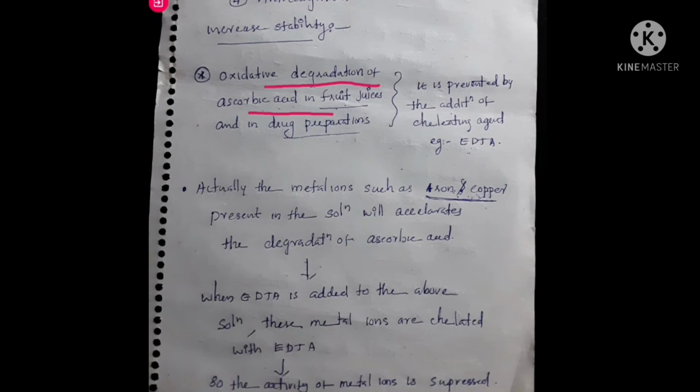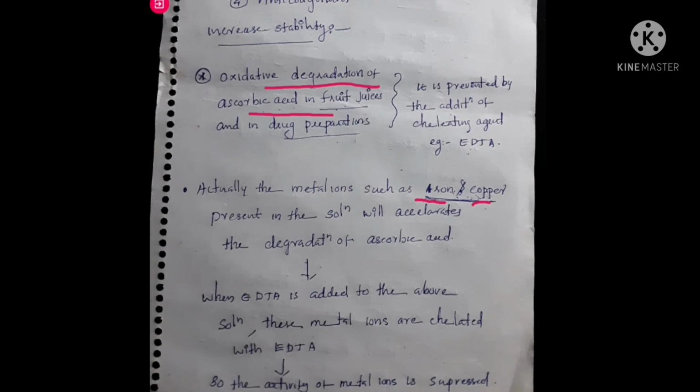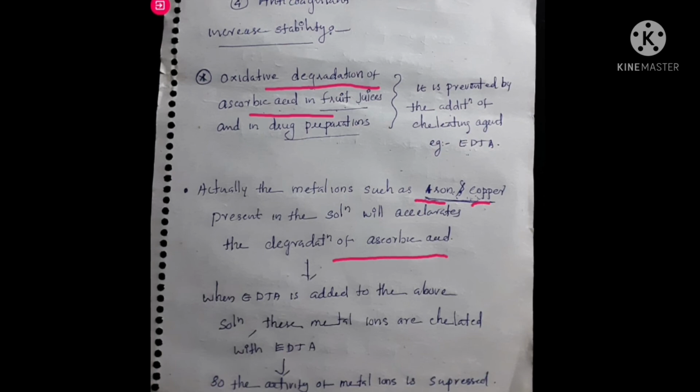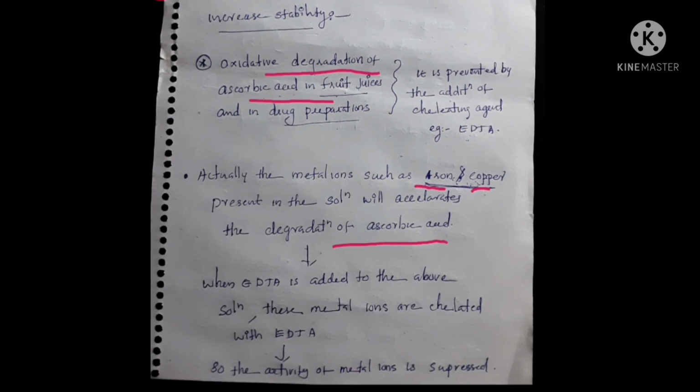Fruit juices and drug preparations may contain metal ions like iron, copper, etc. These metal ions may accelerate the degradation of ascorbic acid.